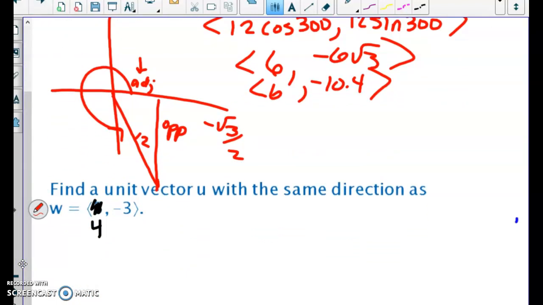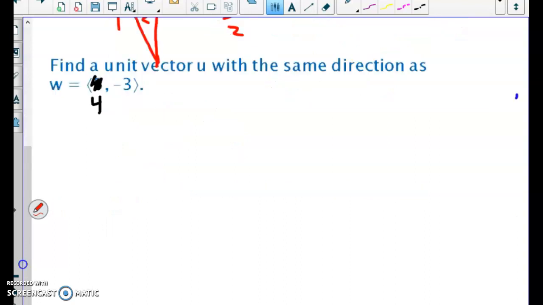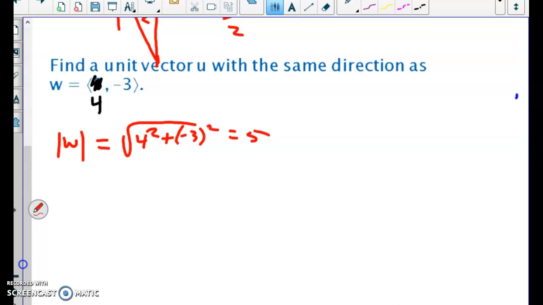So if I want to find a unit vector, now I've talked about unit vector, that's a vector that is 1 unit long in the same direction as the original. So I'm going to find my magnitude, which is 4 squared plus negative 3 squared, which gives me 5. And so I'm going to take my vector divided by the magnitude of my vector.